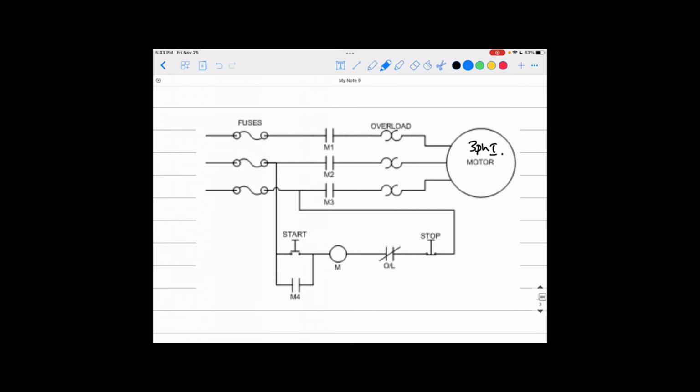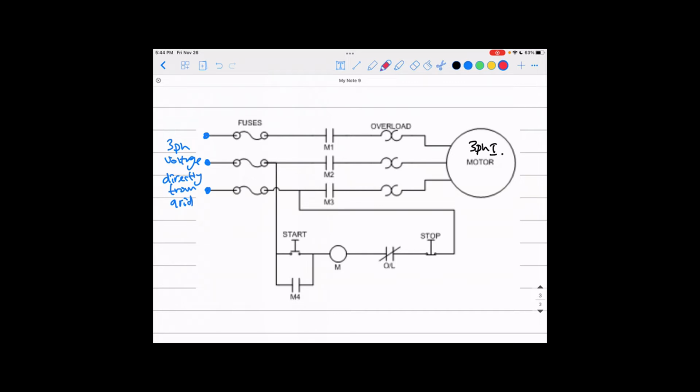So first of all, guys, here is your three-phase voltage directly from the grid, okay? That is the full voltage of the grid coming directly to the motor, okay, guys? We don't do anything to reduce the voltage or something. It is the full voltage coming from the grid, okay?